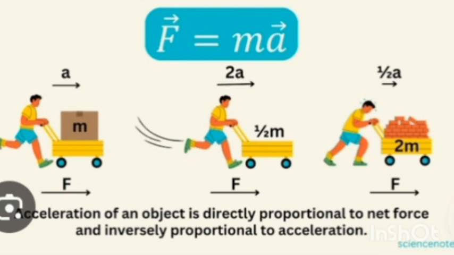Why is it that the acceleration is varied? It's due to the value of their mass. The man with the smallest mass, which is half M, has 2A acceleration, which is the greatest acceleration within the three, followed by the man with the mass M, who has A acceleration, and the man with the largest mass, which is 2M, has the smallest acceleration.